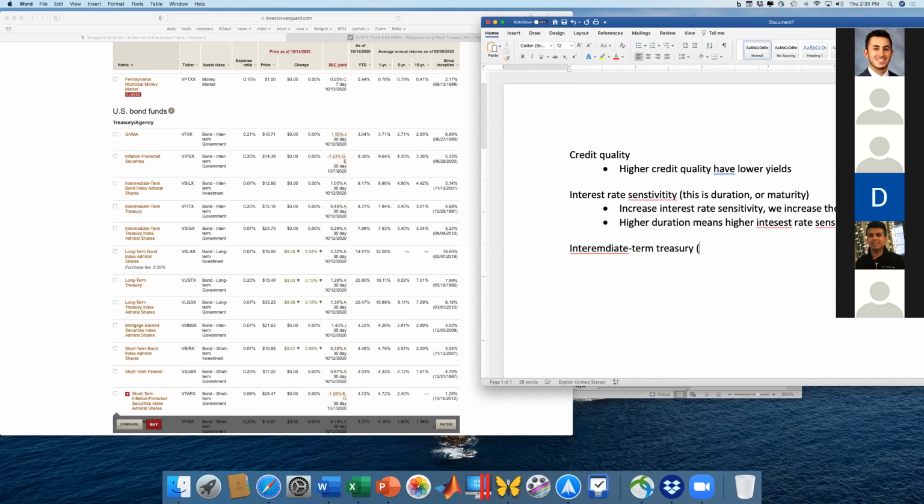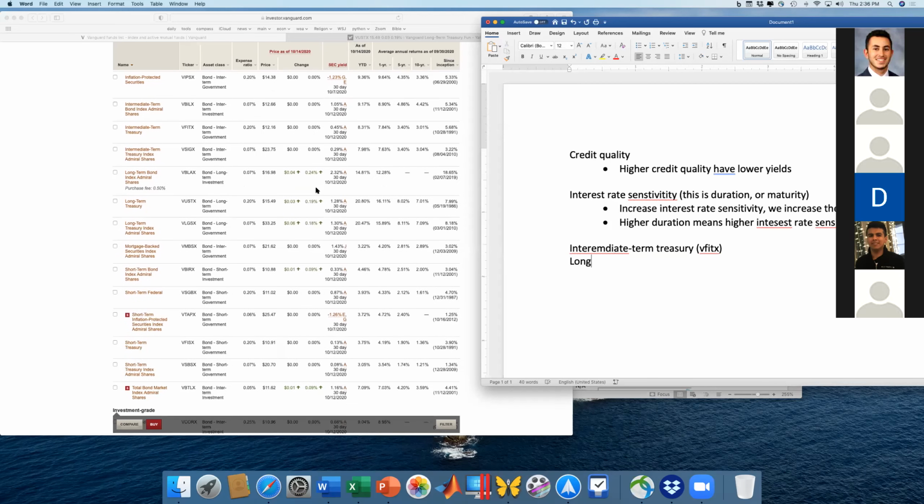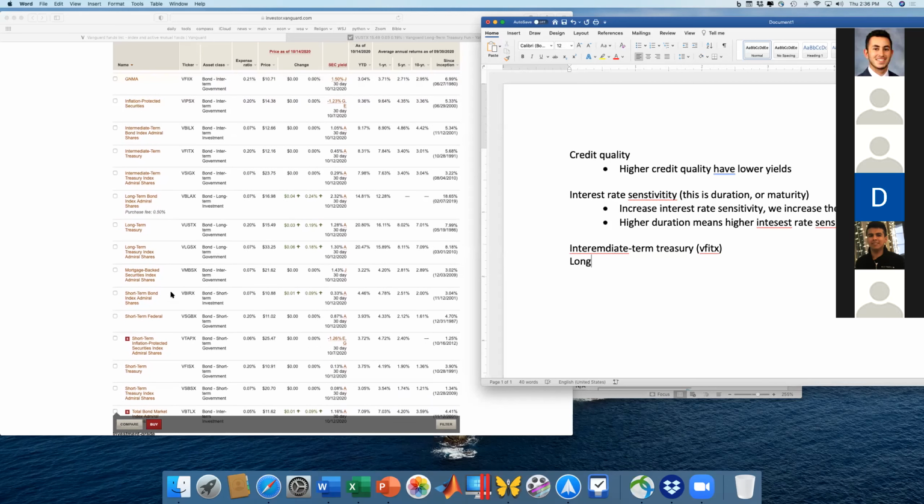And this one has a symbol of VFITX. We have looked at the long-term treasury, which I now have lost in my list. Long-term treasury, there it is.